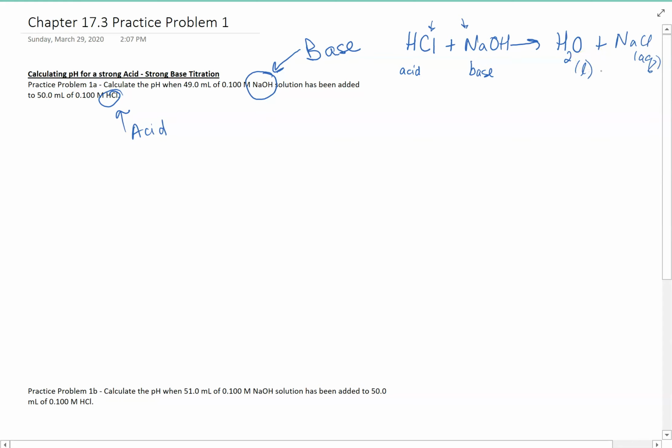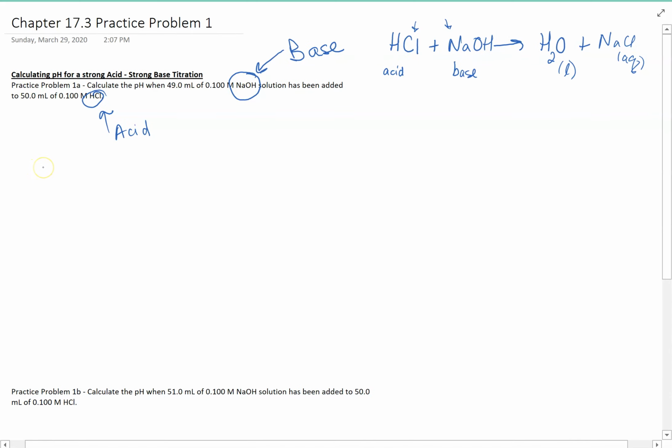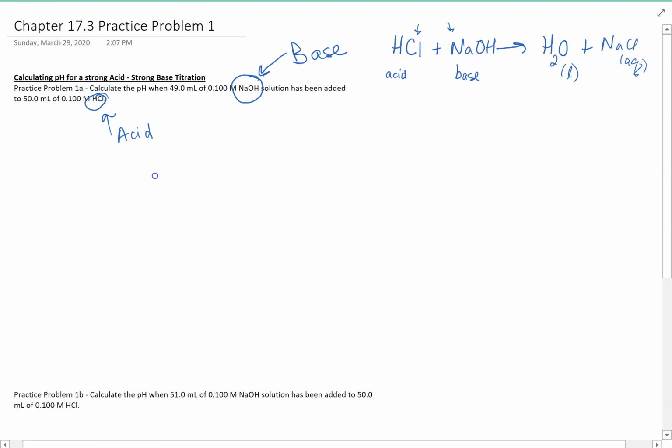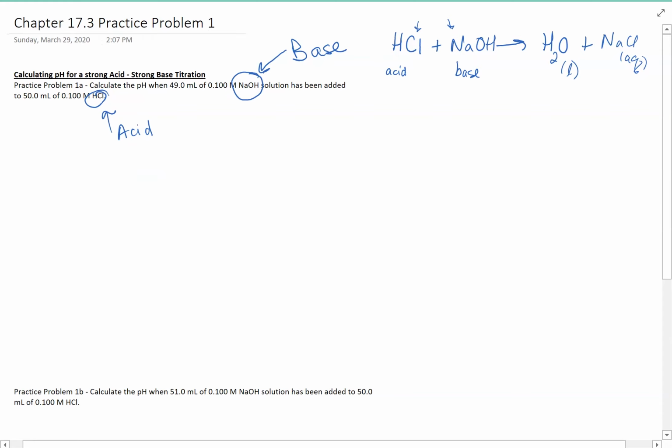Are we doing anything with Kas right now? No. Basically, we have to make one major assumption. With a strong acid and base problem, they are going to be molar equivalents.